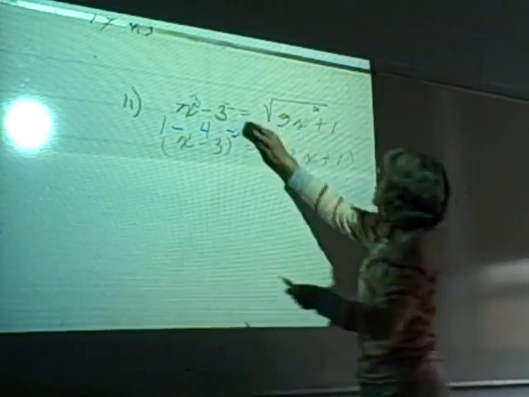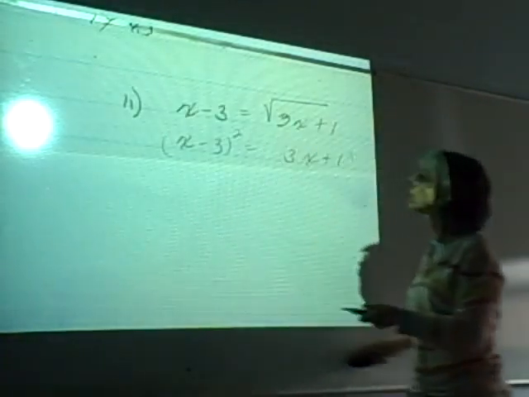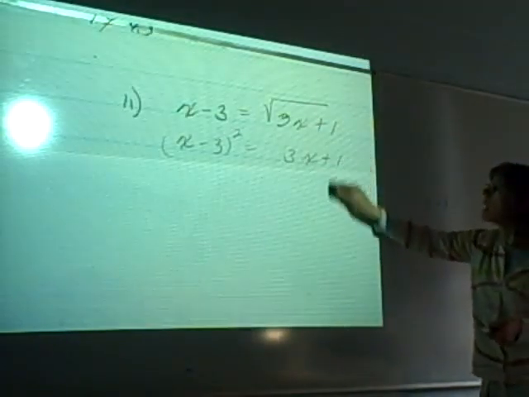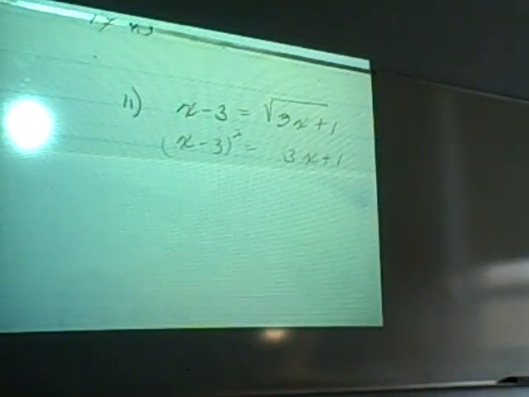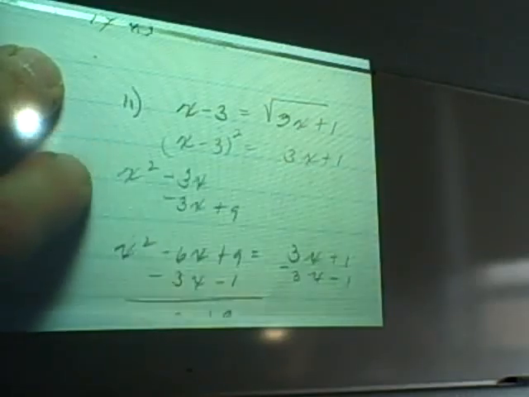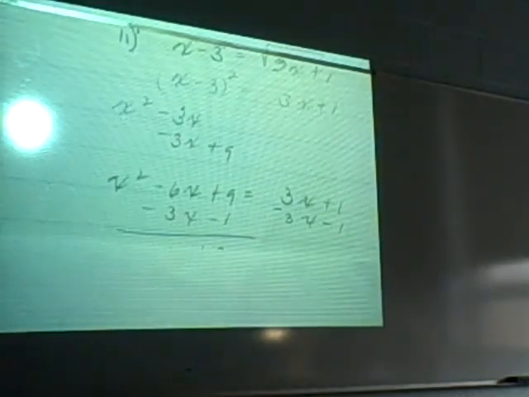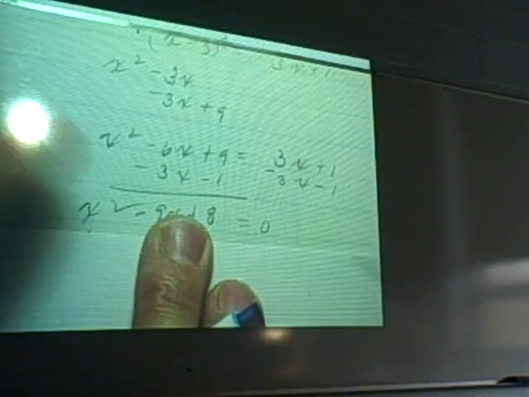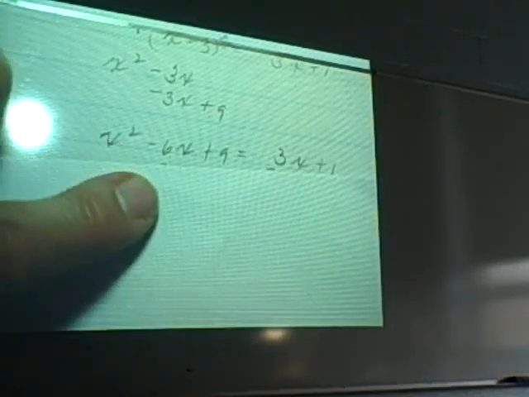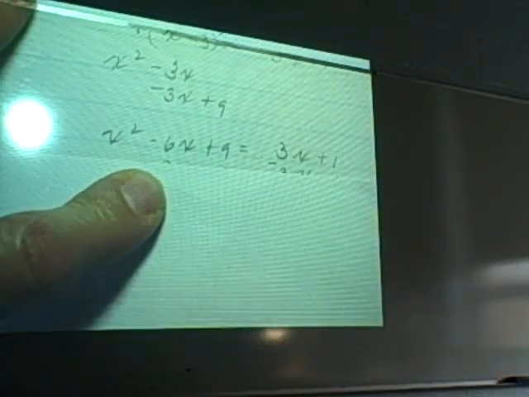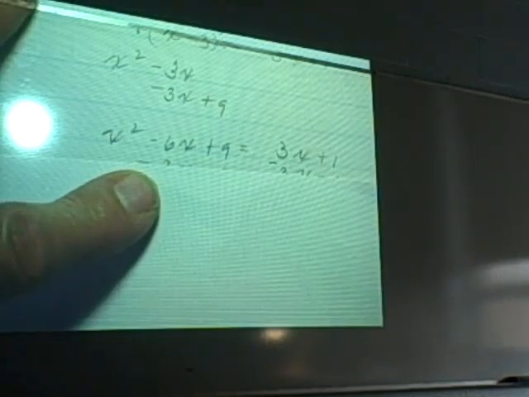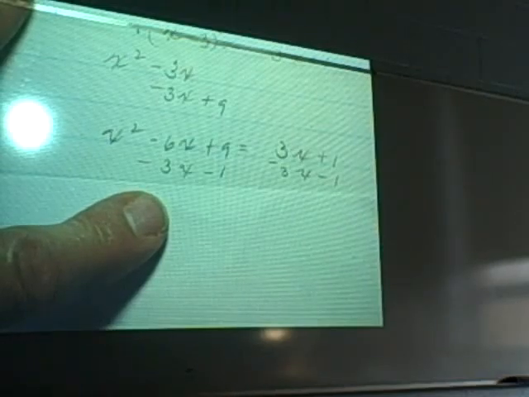So, what am I doing? So I'm going again to square both sides, and x minus 3 squared should be, what? x squared minus 6x plus 9 equals 3x plus 1, you have that? Yeah. Okay, so I'm going to combine like terms.